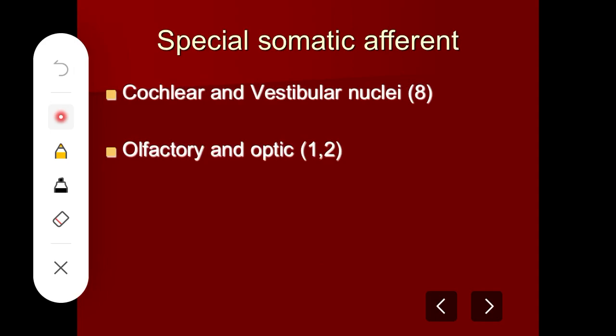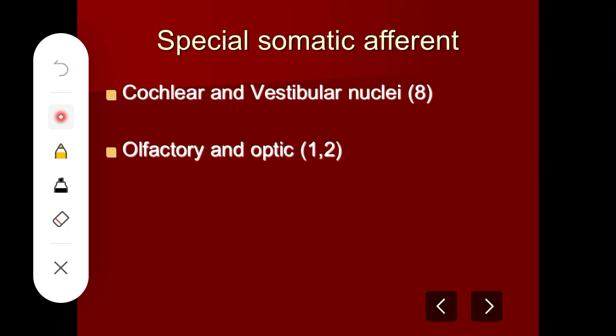Special means that concerned with the balance, special sensations, afferent sensations, somatic. Why? Because there are certain structures which are derived from ectoderm. So special somatic afferent, they are the vestibular nucleus and cochlear nucleus, olfactory, that is the first two, optic, these are the nuclei that are categorized under this one.